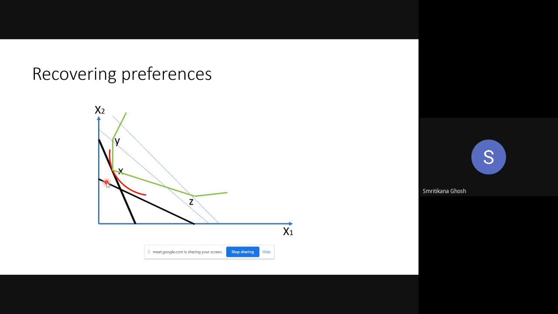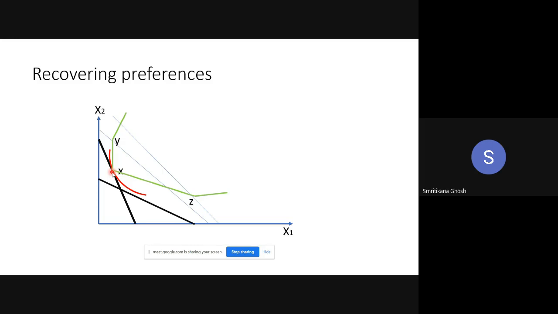Do you agree with me? Is it okay to you? Say x star and y star, this point is given to you. I'm repeating. Given this x star and y star and the position of your budget line, what information can you understand?